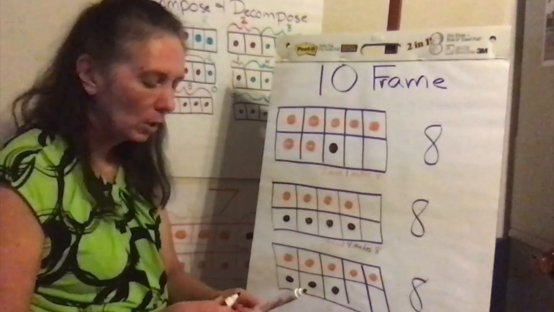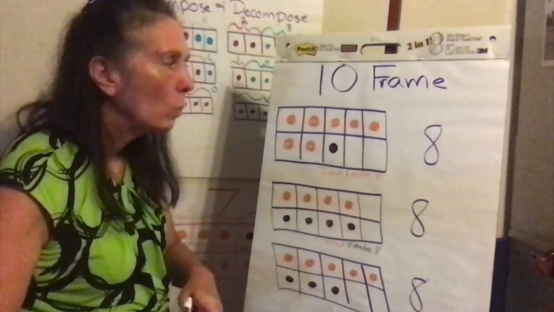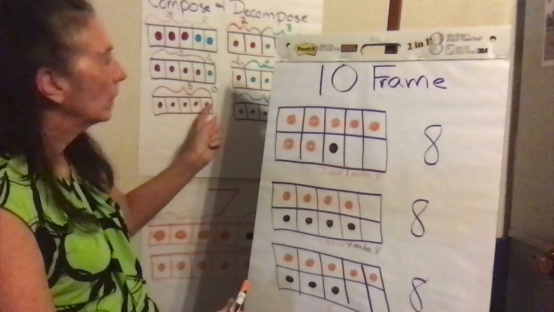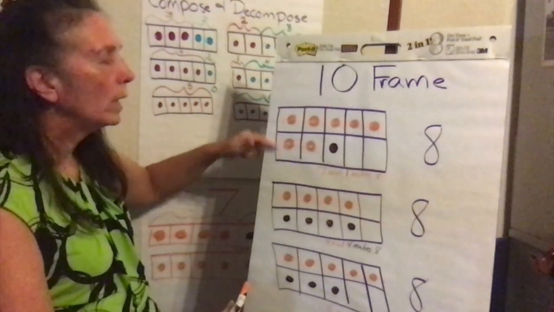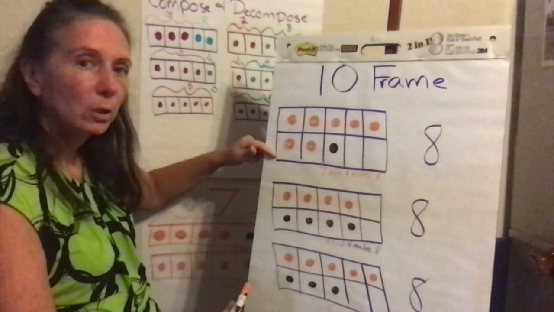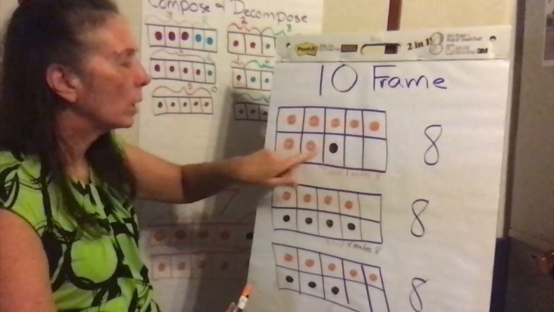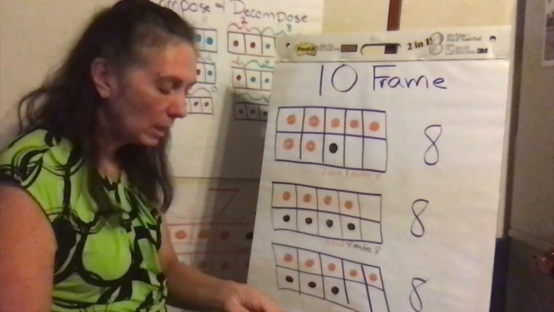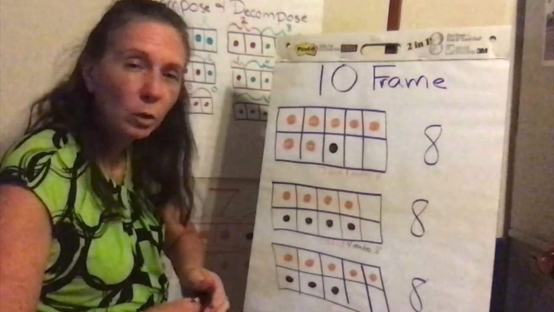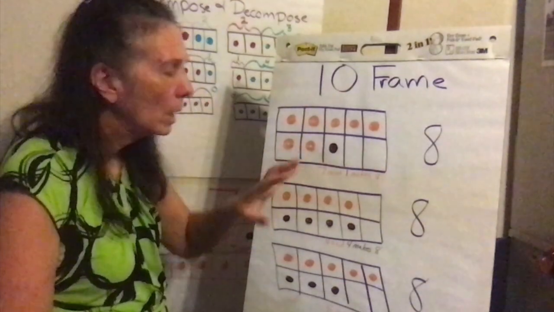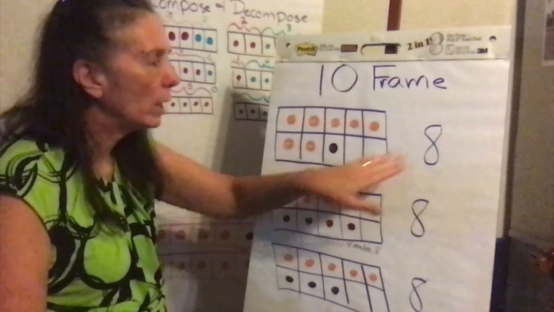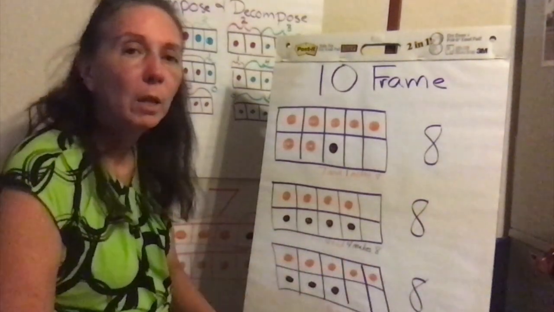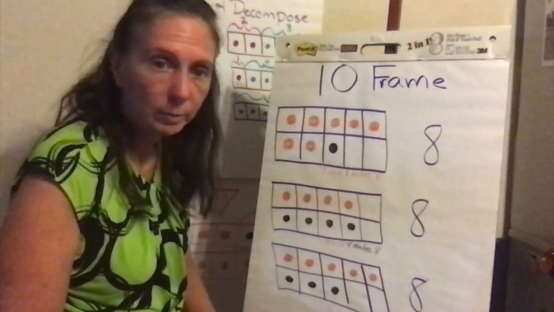So you can see when we went from using a 5s frame to a 10s frame, we can make a lot more numbers, and we can also organize our dots in a certain way that make it easy to subitize, know it just right away in our brain, and it's easy to see what 2 numbers are being composed to make another number.